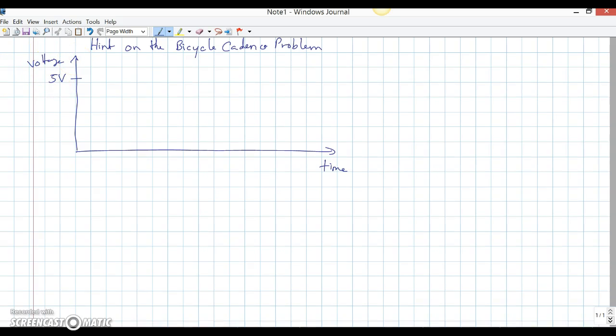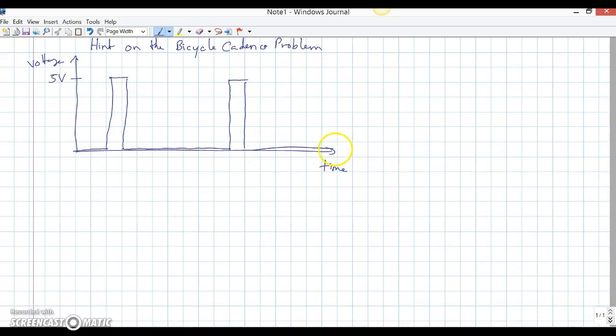So let's say we're looking at the voltage on one of the input pins. The voltage is low, but then when the pedal goes by, it jumps up to 5 volts. It stays high as the pedal passes, and then at a certain point the switch opens back up and the voltage drops. The voltage stays low until the next time the pedal goes by, and then it jumps up again, stays high, and then drops down, and so forth.